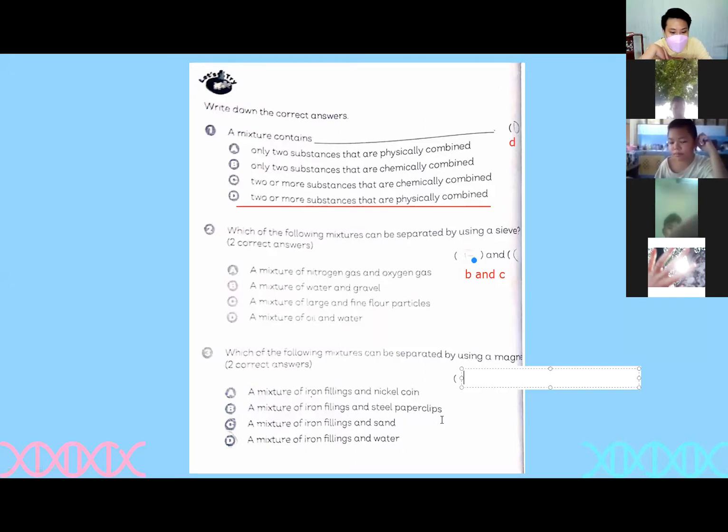So the answer is C and D. So you have to separate, right? Iron and sand, you separate them. And then iron and water, you can separate also. You can get the iron from the water. Understand?